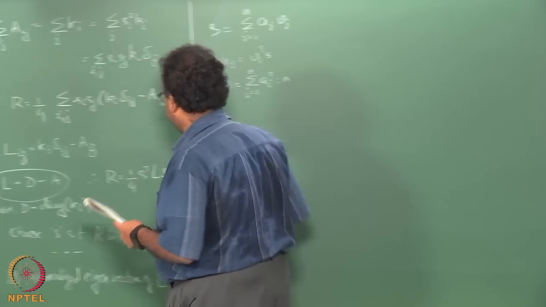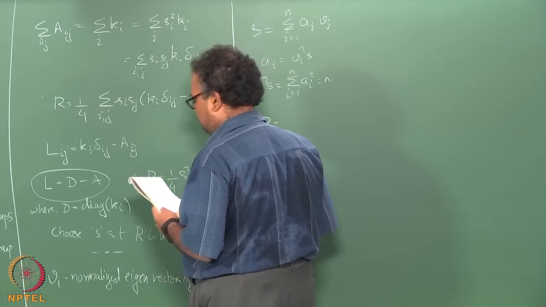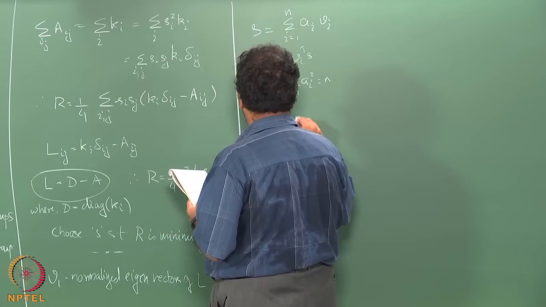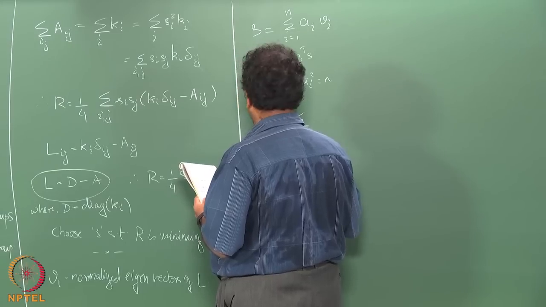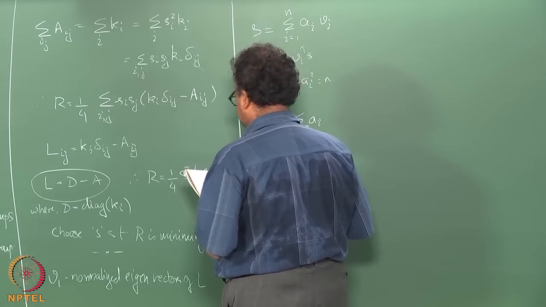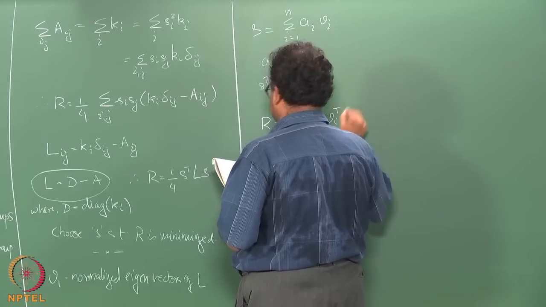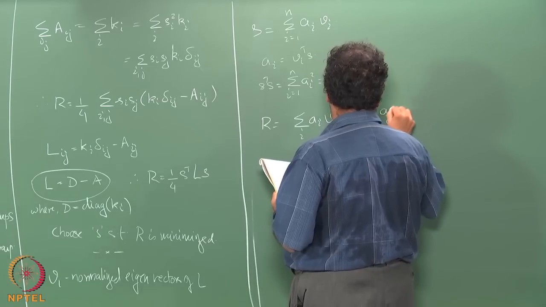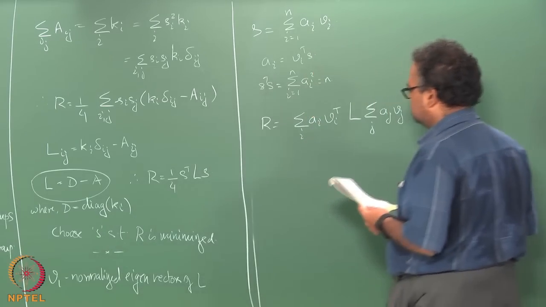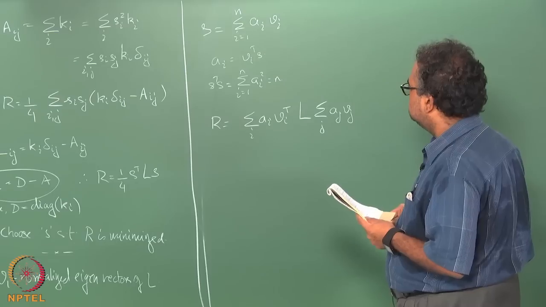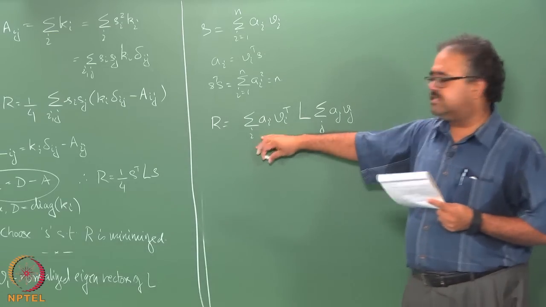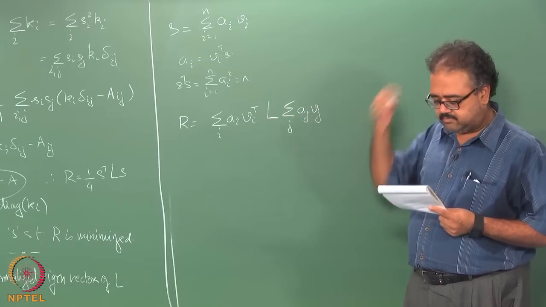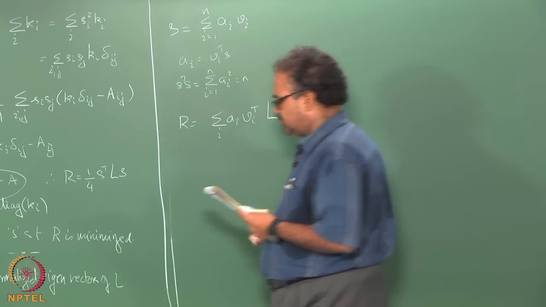Now let us go back and make the R look complex again. That is S transpose S.